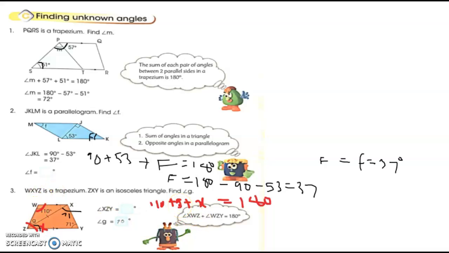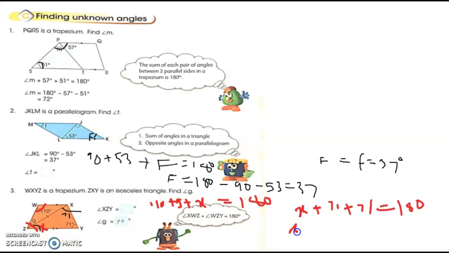Now see, you have to first find out this one, isn't it? How to find that? Because this is 71, and this is an isosceles triangle. In this isosceles triangle, the sum of all the angles is equal to 180. So 71 plus 71 plus x is equal to 180.